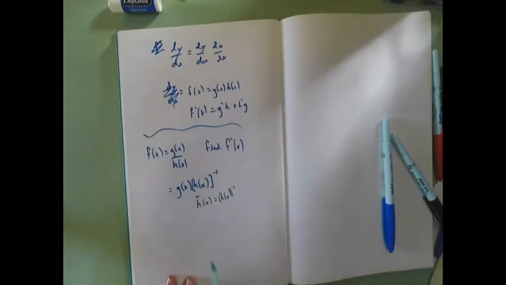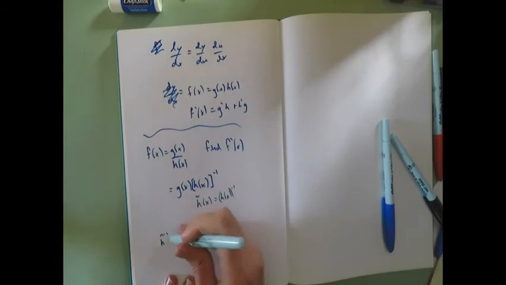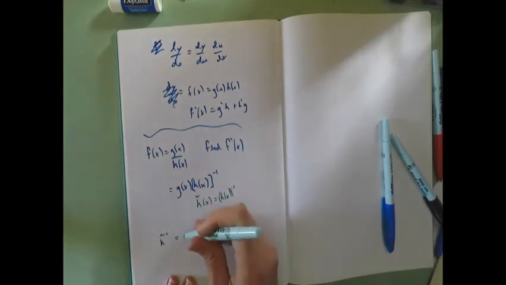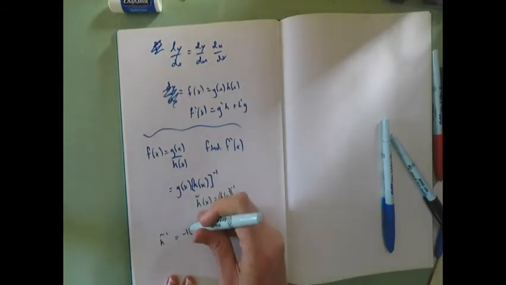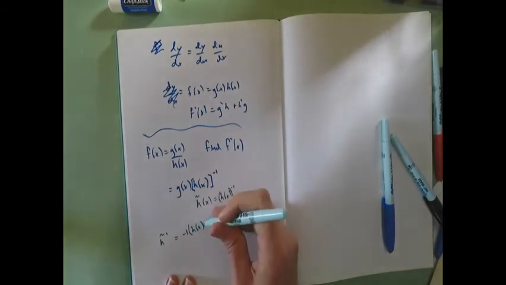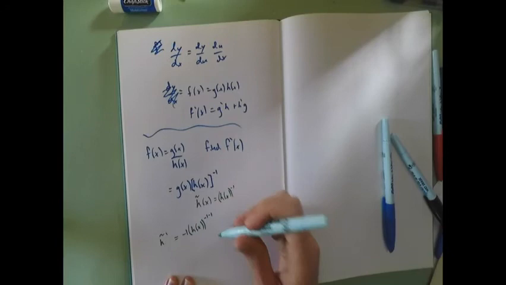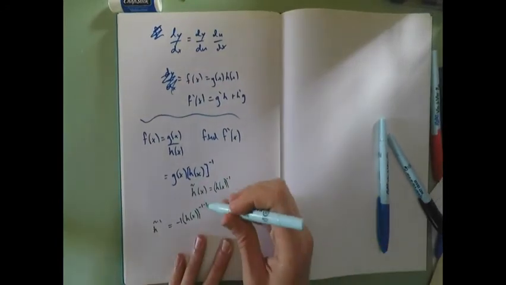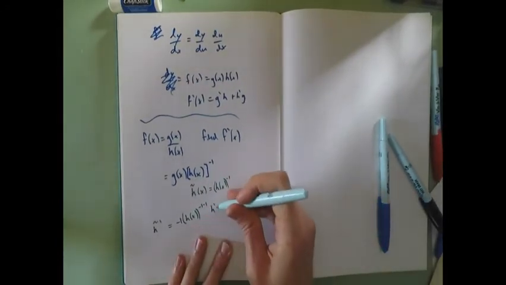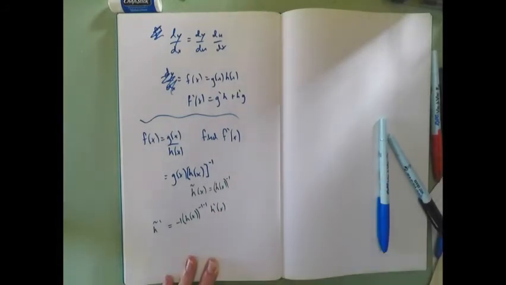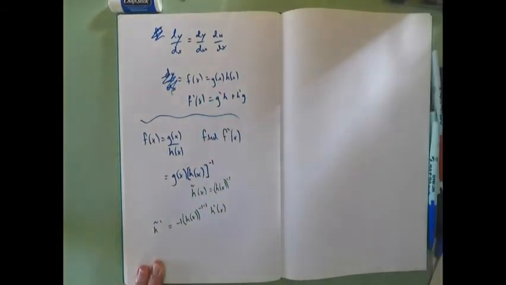So when we want to find the derivative of this, h tilde prime, that's going to be minus 1 times h of x to the minus 1 again, which is going to be minus 2, times the derivative of the inside, which is just h prime of x. And then we're going to do just some nice simple product rule stuff with it.